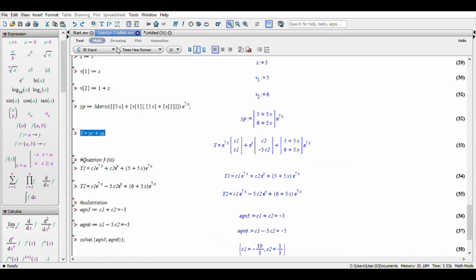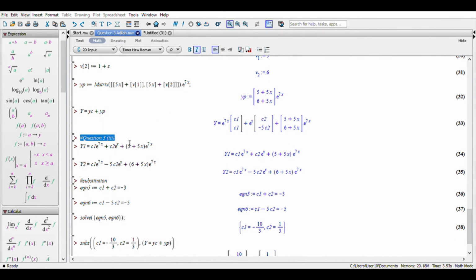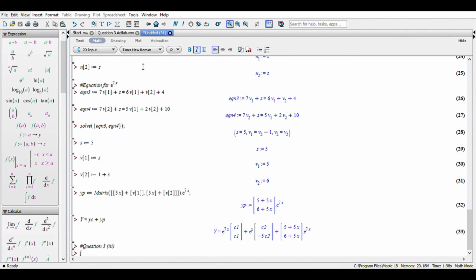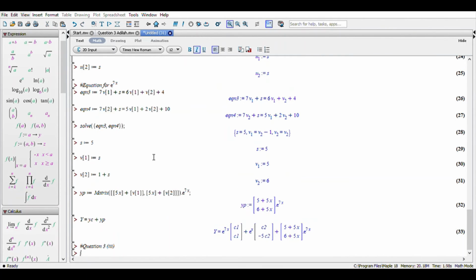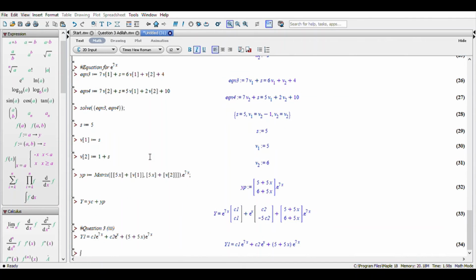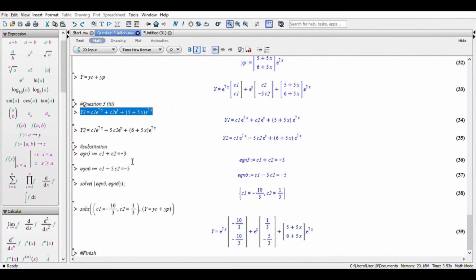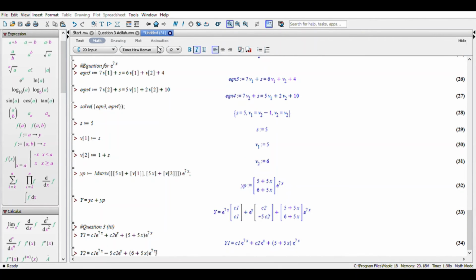And then for the last question that involves the initial condition, we will have to state the equation first. Okay.